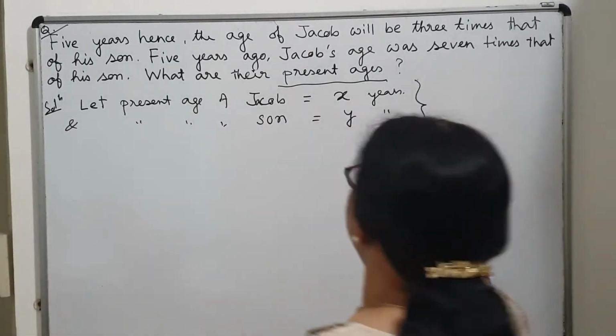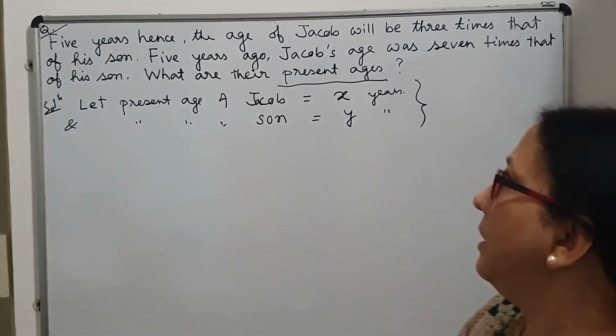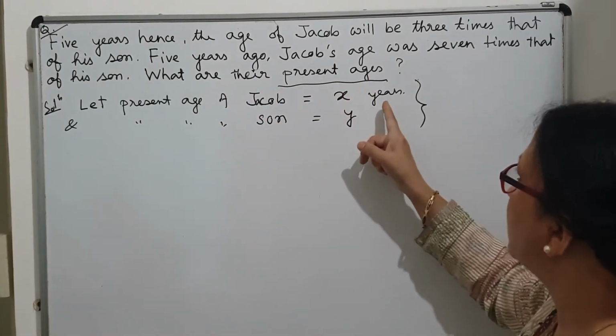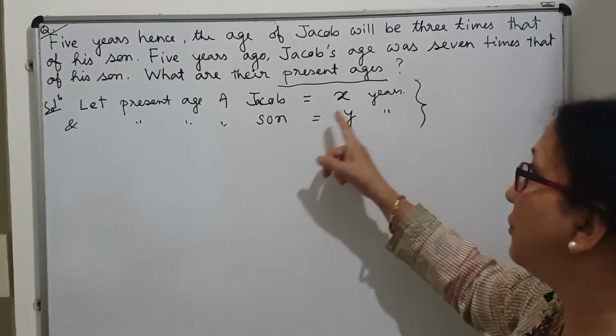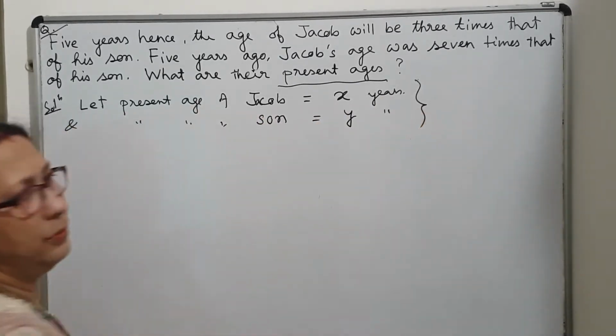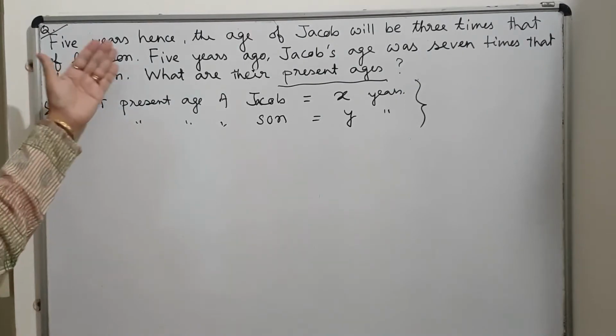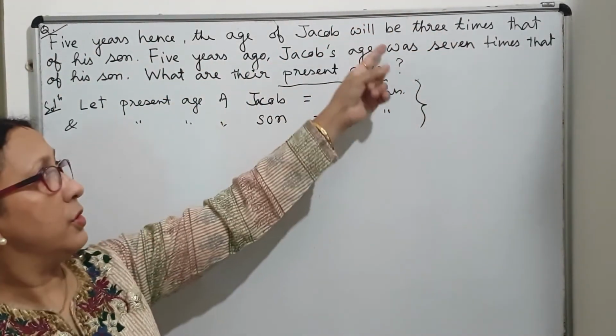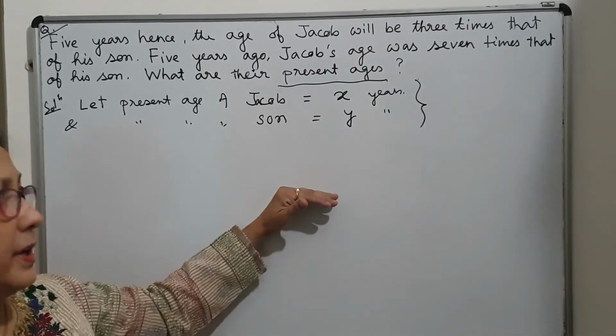So this is the very first thing, to define the unknown variables which we are asked to find, and always we have to give the proper unit when we define a variable. That is very important. Now after defining the variables, we have to express the conditions given in the question in mathematical form.